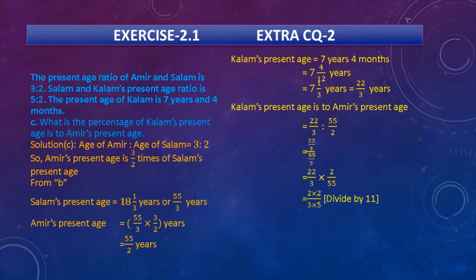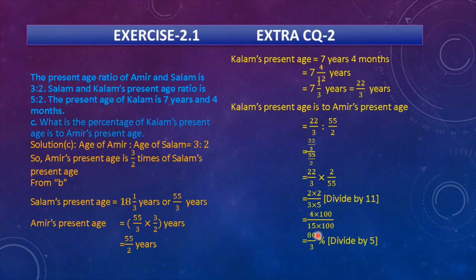After that, if we multiply and reduce, we divide by 11. 11 twos are 22, 11 fives are 55. So 2 multiplied by 2 divided by 3 multiplied by 5, we get 4 divided by 15. And if we want to make a percentage, we have to multiply by 100 with the antecedent and the subsequent also.